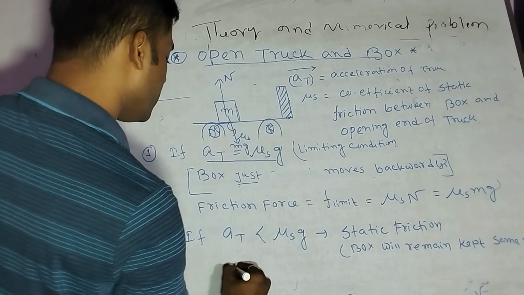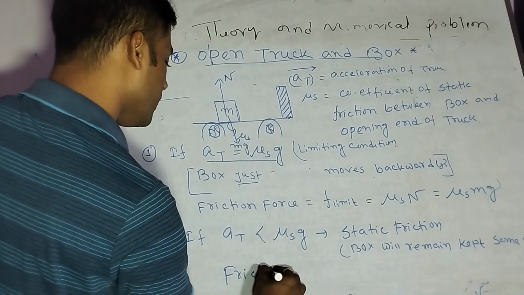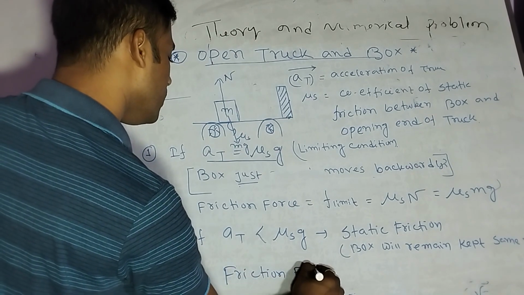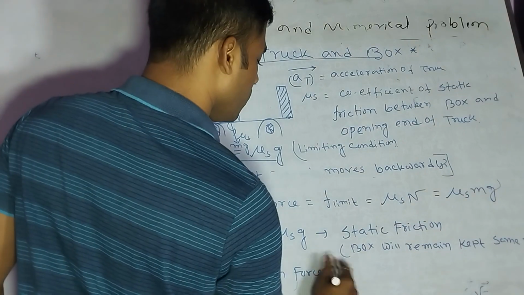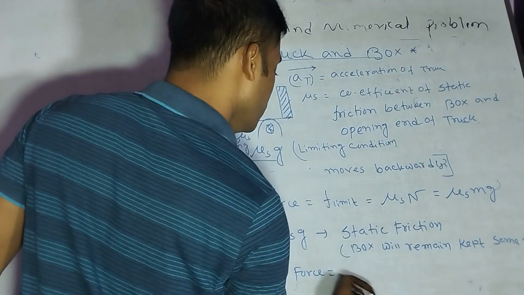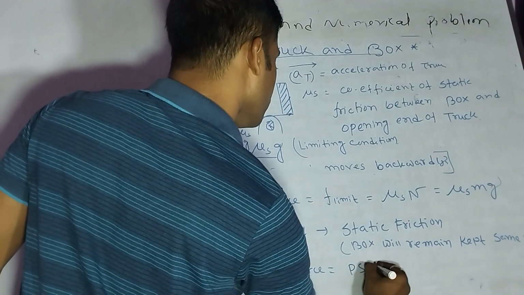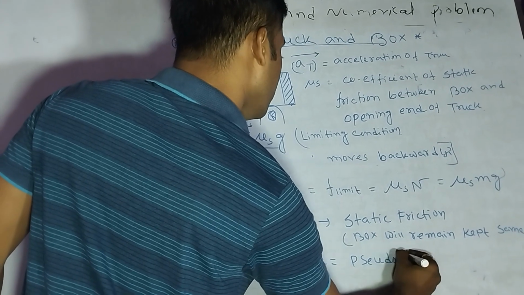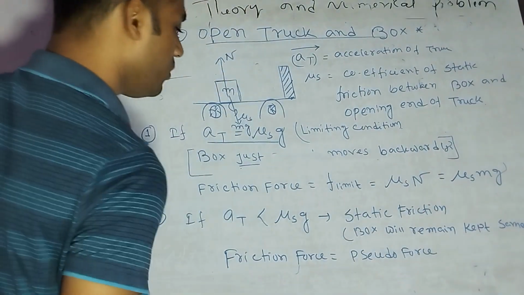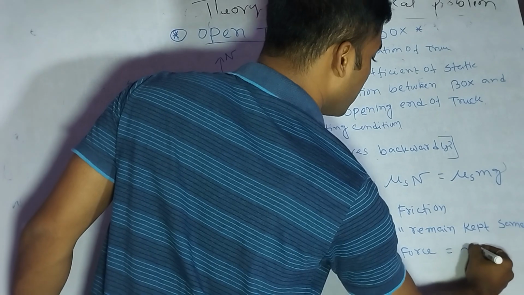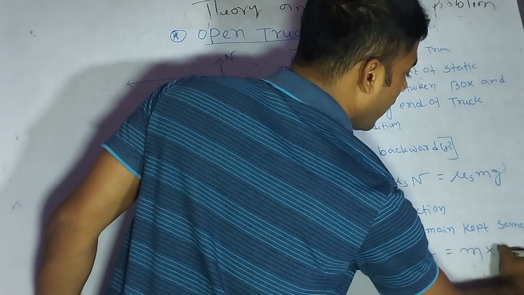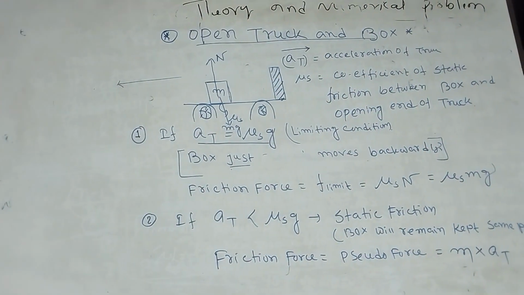So in this case, the friction force is equal to the pseudo force. What is the value of the pseudo force? That means mass of the box into acceleration of the truck. These are the two conditions.